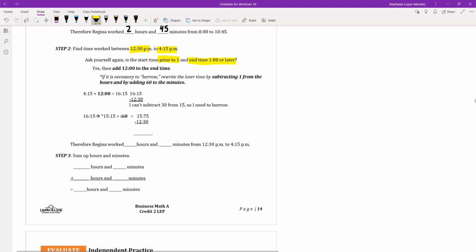So our start time is 12:30 p.m. That means that happened prior to 1. And then our end time is 4:15 p.m. That means that it is later than 1 p.m. For that reason, I need to add 12 hours to the end time. Okay, so I need to add 12 hours to the end time.